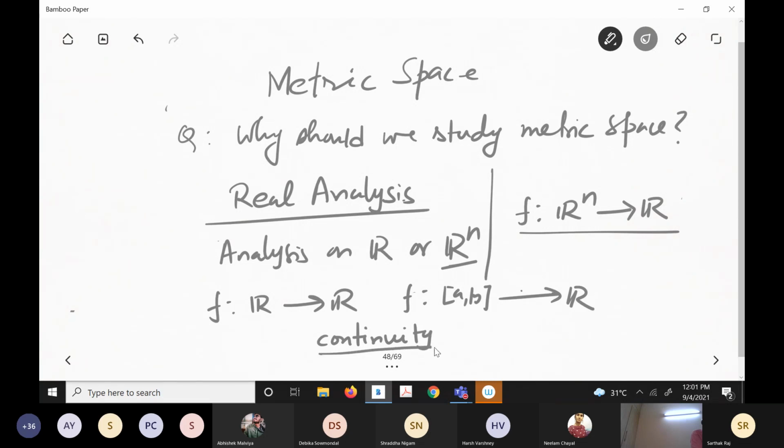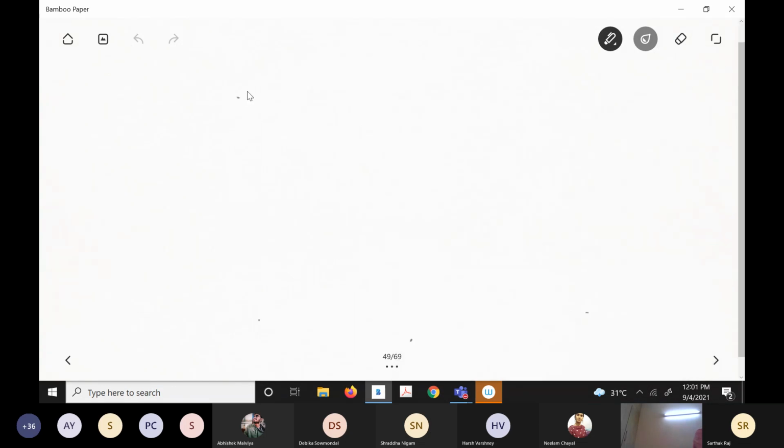I don't need to go to the derivative; continuity will give you enough motivation. If you go for the definition of continuity, the so-called epsilon delta definition, this is the real definition of continuity actually.